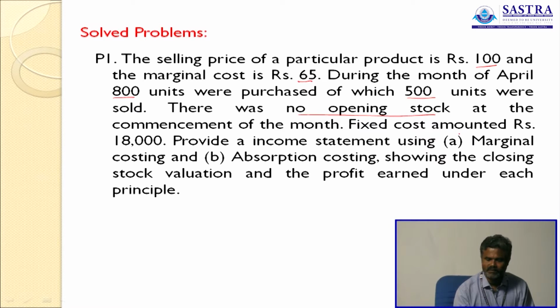Fixed cost amounted to rupees 18,000. Provide an income statement using A. Marginal costing technique, B. Absorption costing technique, showing the closing stock valuation and profit earned under each principle.